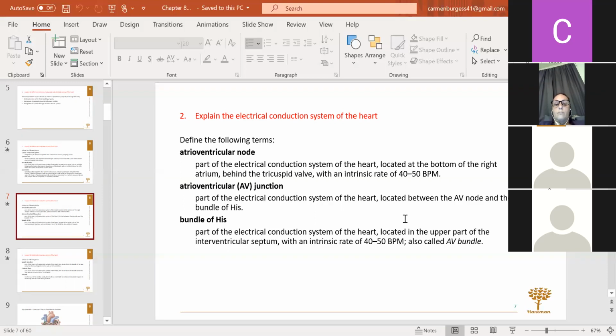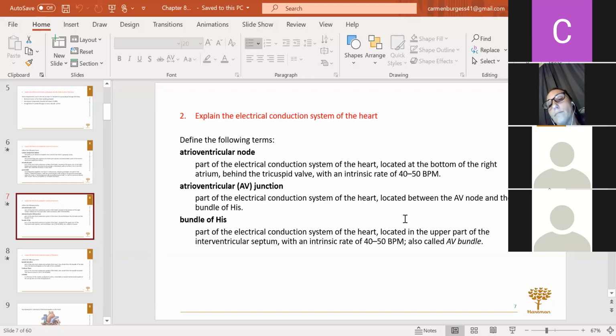After the SA node, the next thing it goes to is what we call the AV node, the atrioventricular node. Now, if you didn't know anything else, what would that word tell you about where that node was located? Atrium. Well, what else is in that word? Ventricle. It's both.